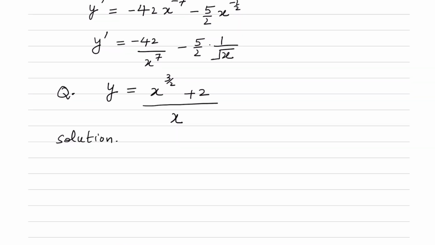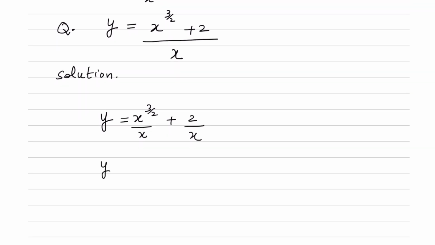So we might try to find the derivative of this function y by using the quotient rule of derivative, but we can rewrite this expression and then maybe we can avoid the quotient rule. We can write it as y is equal to x to power 3 by 2 divided by x. We can break apart this expression: 2 over x.